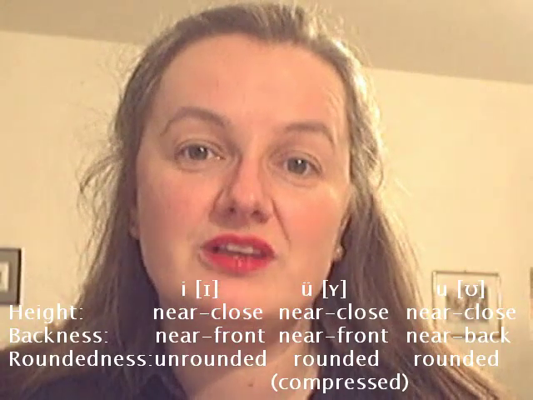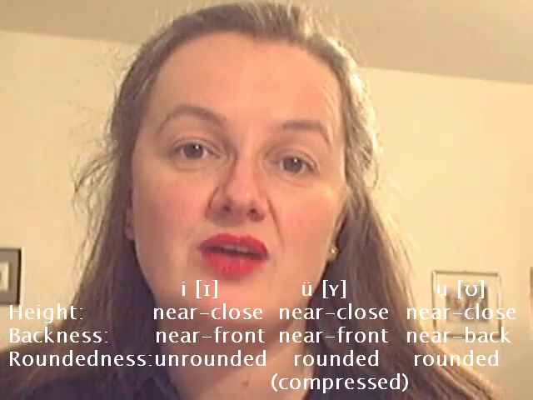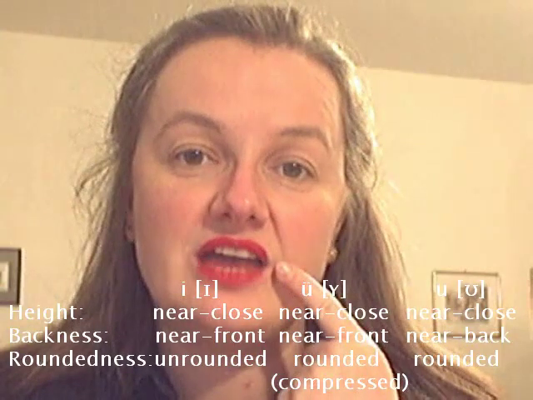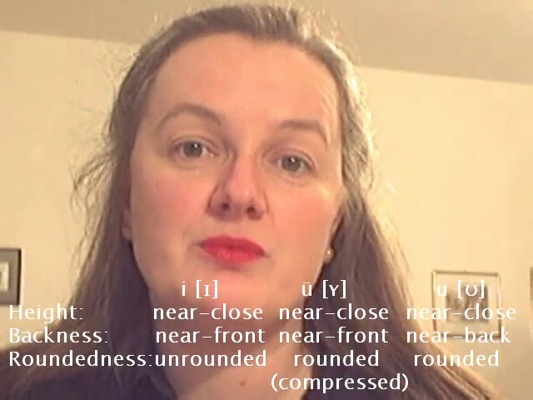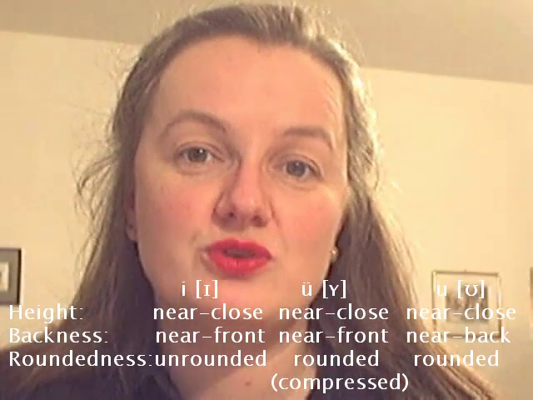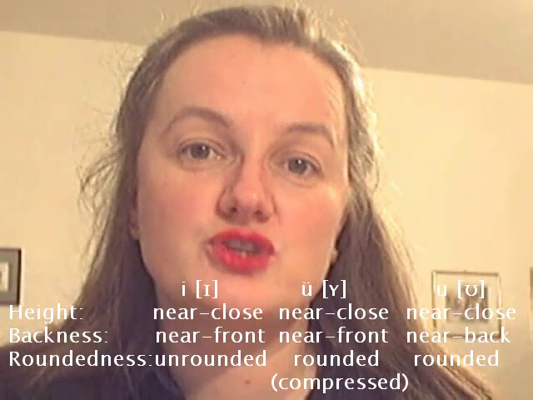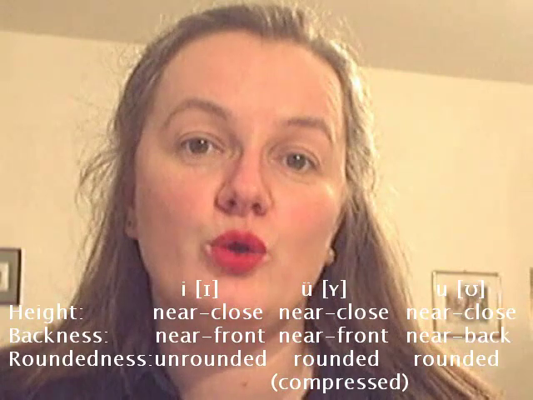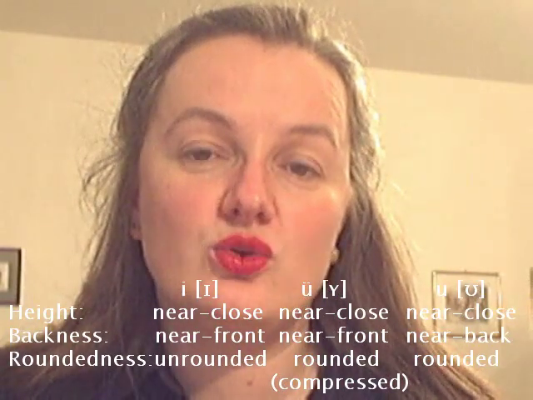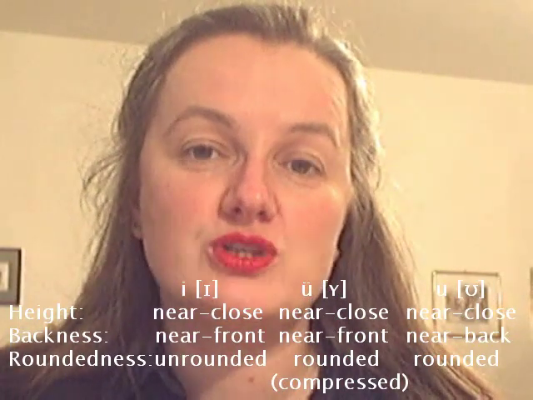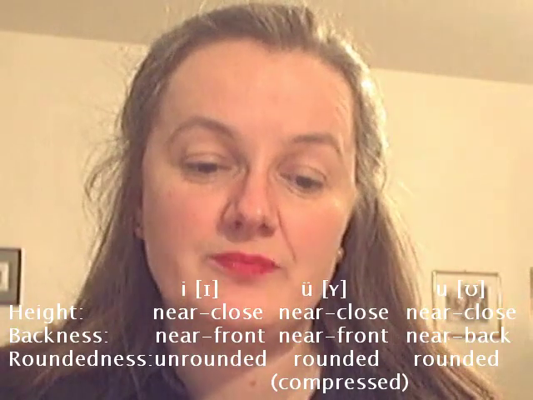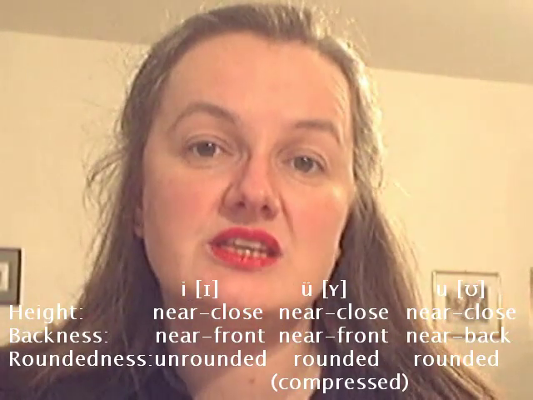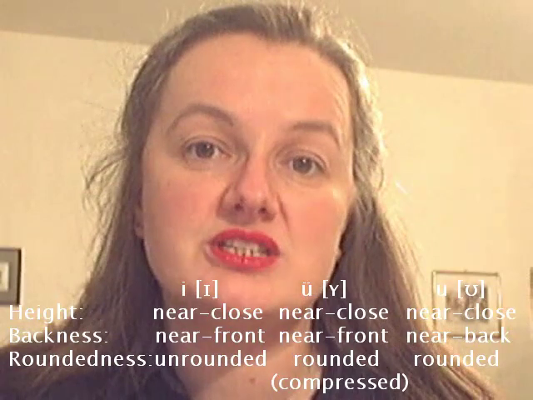For example, if we have the Ü sound, you can also see that the corners of the mouth are tense and drawn together. And if we have the short U sound Ö, it's more open and the corners of the mouth are also drawn together and tense, but the inner surfaces of the lips are not exposed.